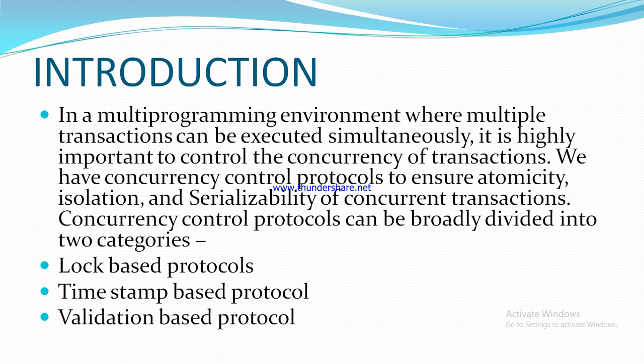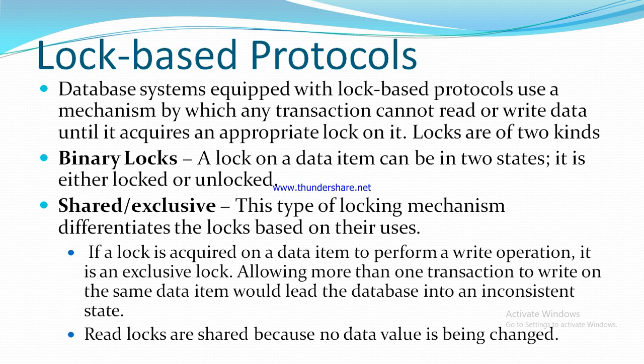The concurrency control protocols can be broadly divided into three categories: lock based protocols, timestamp based protocols, and validation based protocols. Lock based protocols are the first method. What is a lock? It means getting permission to access a resource.